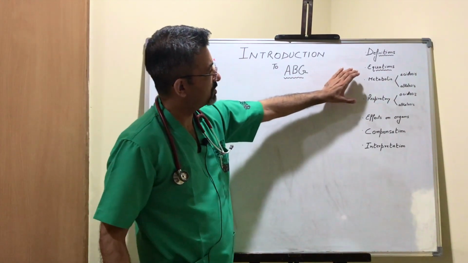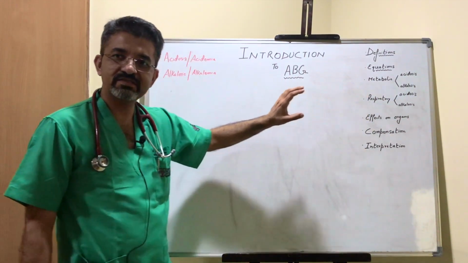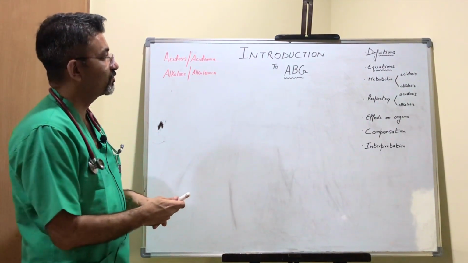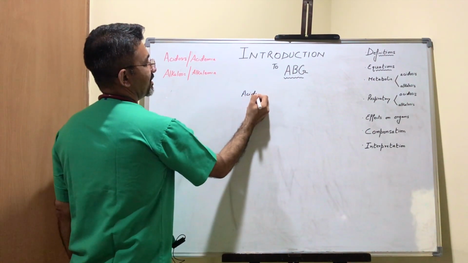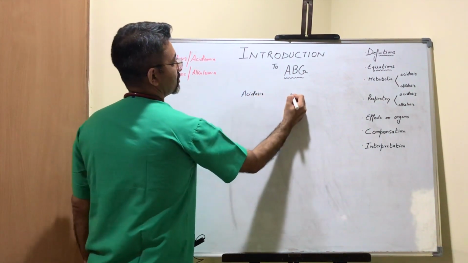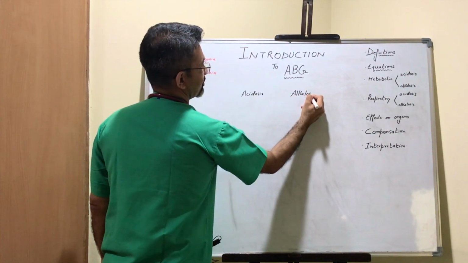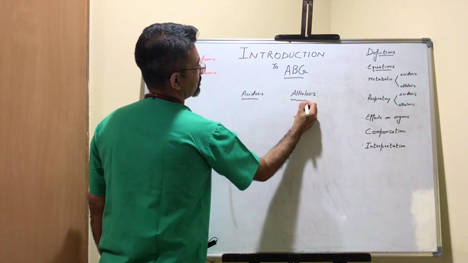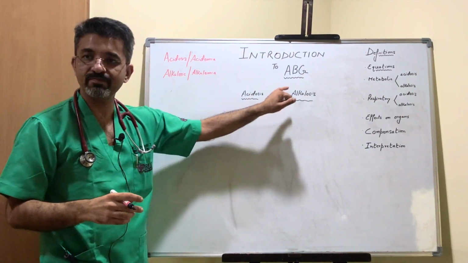Before going to the metabolic and respiratory acidosis and alkalosis, we'll just see in brief why this topic is important for a clinician. Why do we want to learn about acidosis and alkalosis, or acidemia and alkalemia? What are the different effects of these processes on our body systems?